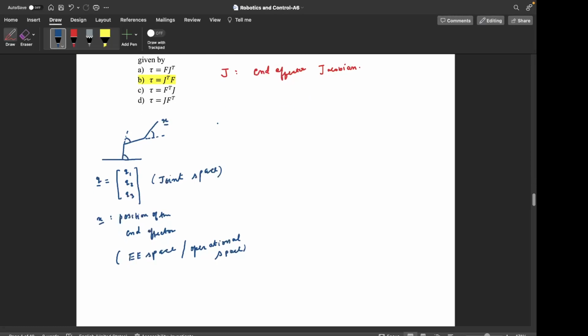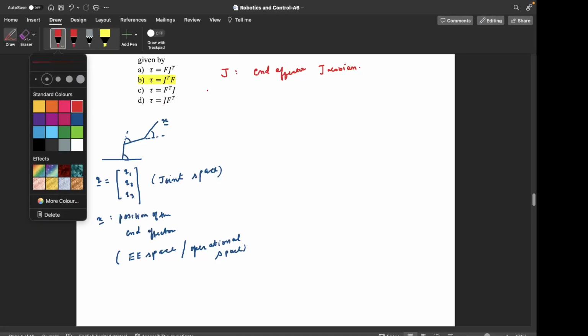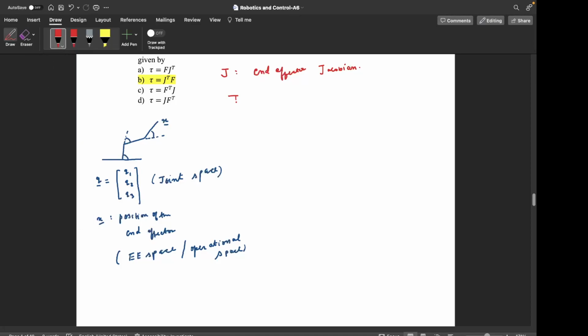Now, how is this J defined mathematically? J is differentiating the end effector position with respect to the joint angles. This is J. Now we can write this as del x by del t into del t by del q, where t is the time.